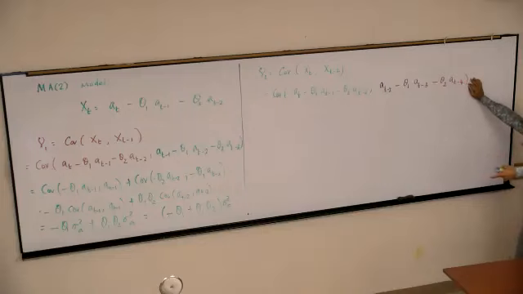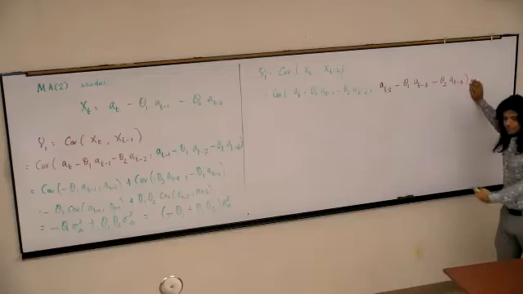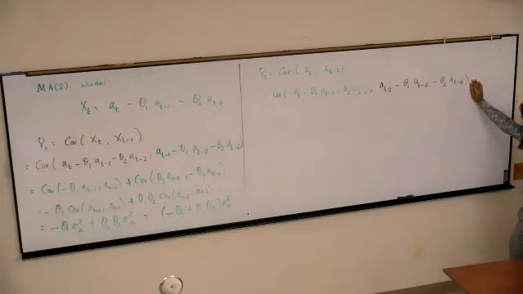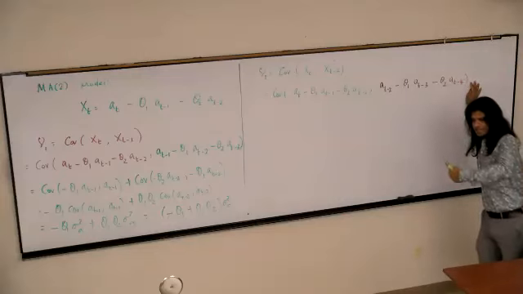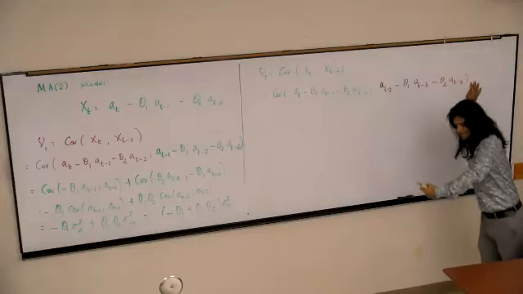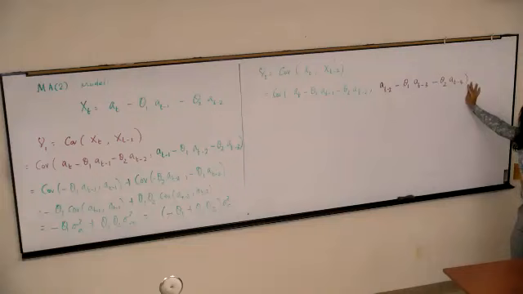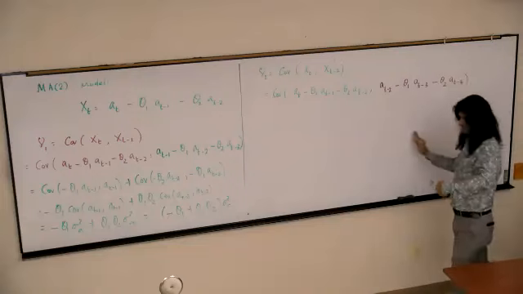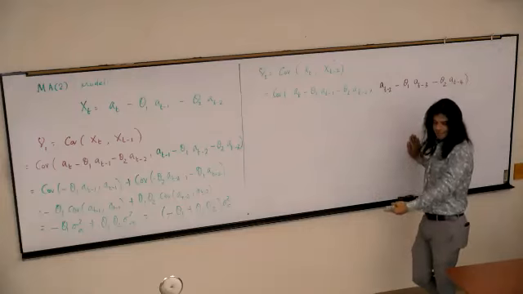Exactly, so if I have an AR2, xt depends on xt minus 1, xt minus 2, which would simply mean if I shifted and wrote it as xt minus 1, it has to depend on xt minus 2, xt minus 3. xt minus 2 will end up depending on xt minus 3 and xt minus 4.